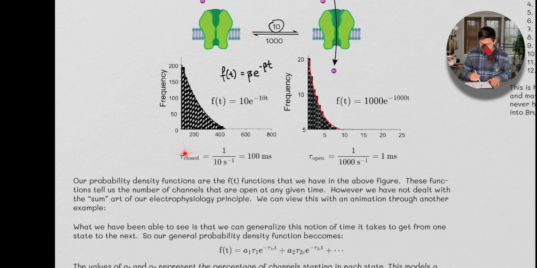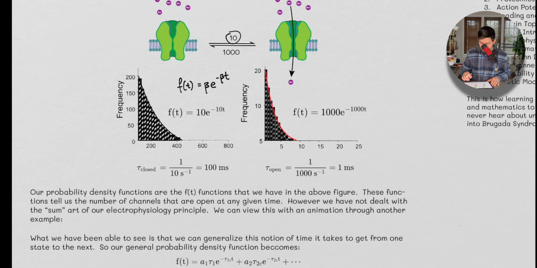This is the time it takes to get from closed to open, and that is going to be 100 milliseconds. T open is going to be a lot faster. It's going to be 1 millisecond, because it's just 1 divided by 1,000.